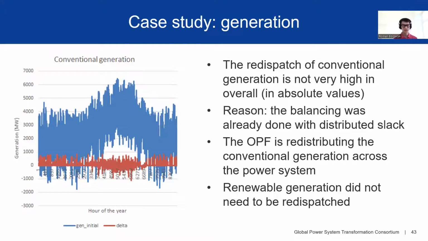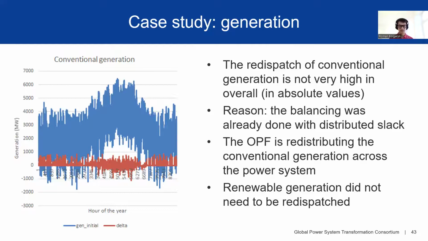And here we see what was necessary to achieve that result. We see that the redispatch of conventional generation was necessary, but in comparison to the initial generation, the change was not that high, the change that was required in absolute values.